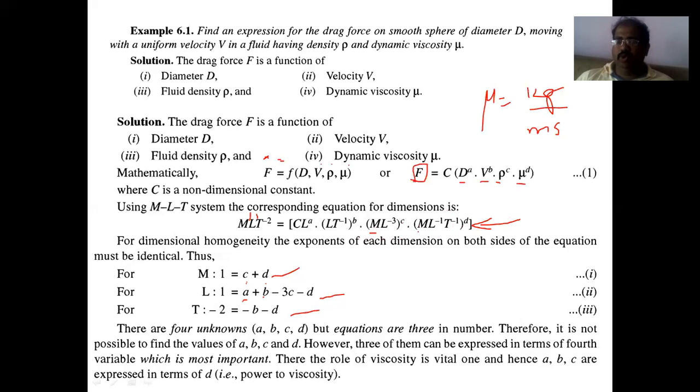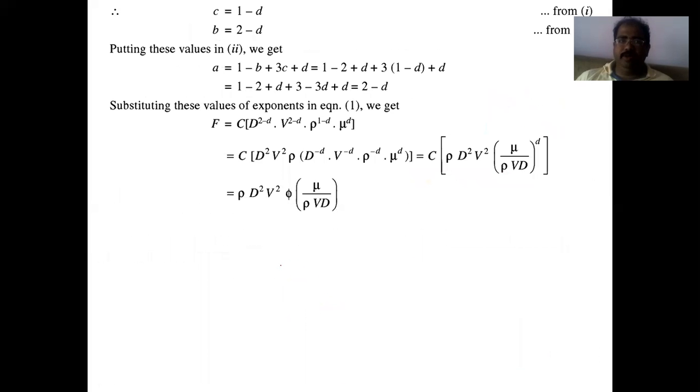You observe that the dynamic viscosity mu is the depending factor for a, b, and c. That's why we are converting a, b, and c in terms of d. So let us do it.